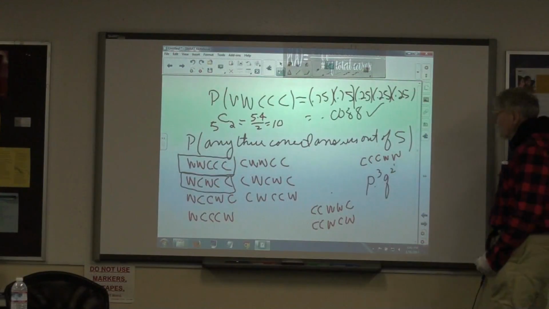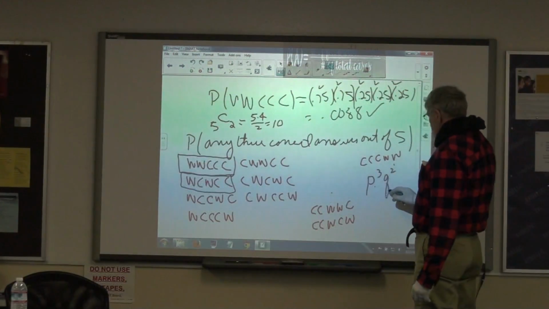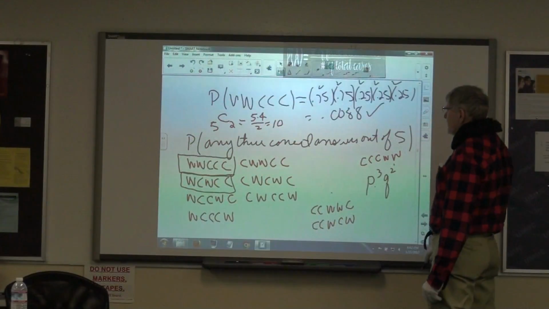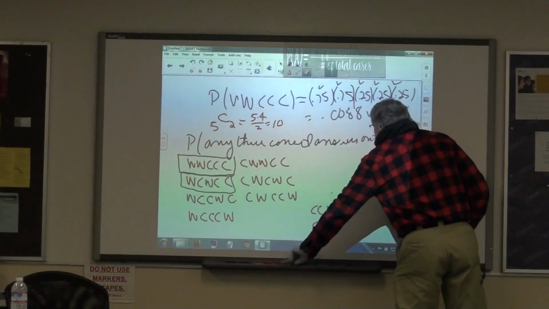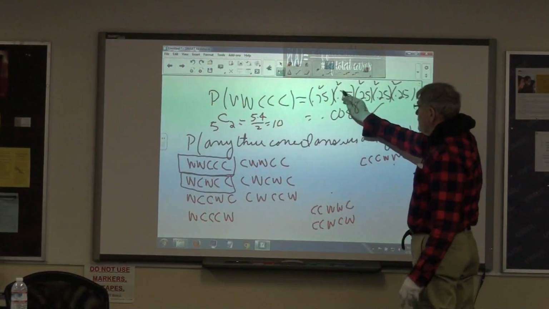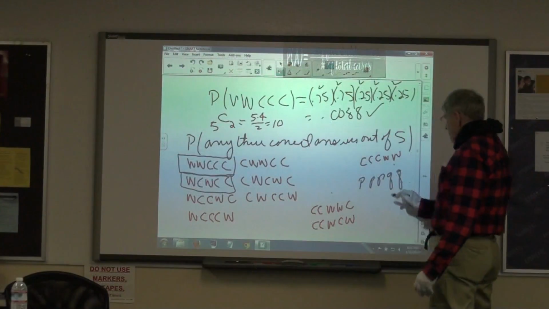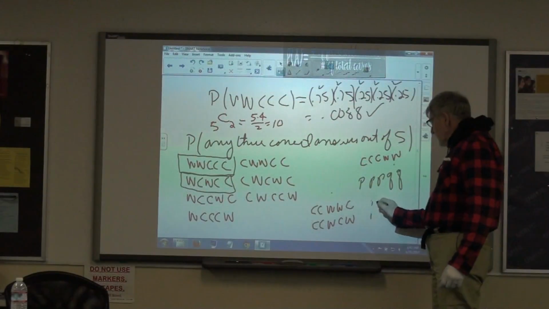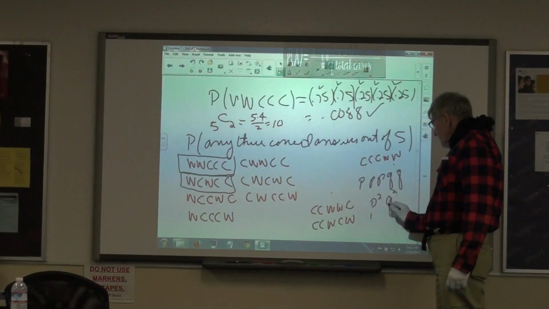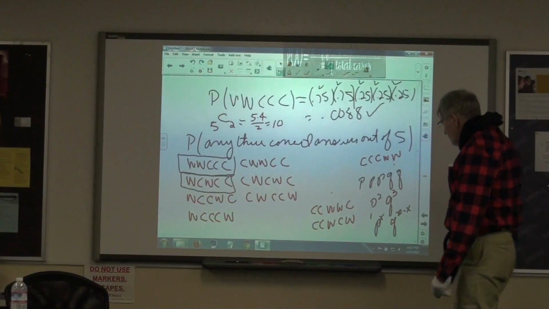So every one of them is equal to P, P, P, Q, Q. Every one of them has a probability of that, which is P to the x, Q to the n minus x.